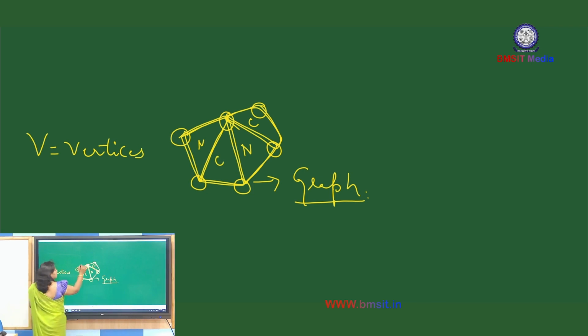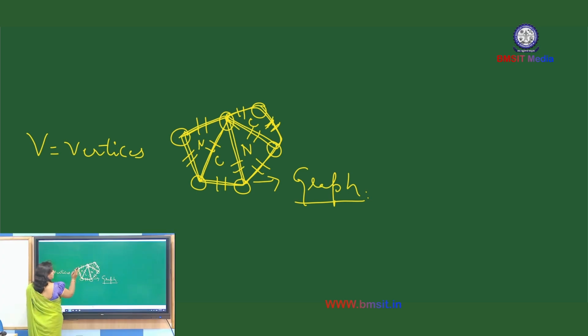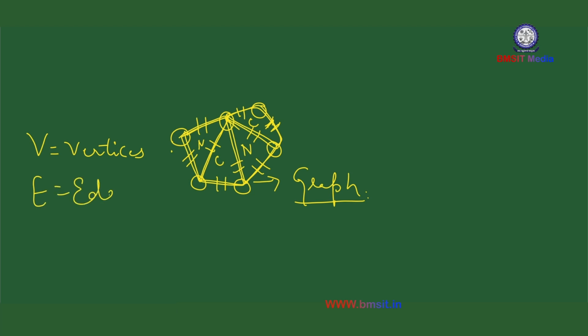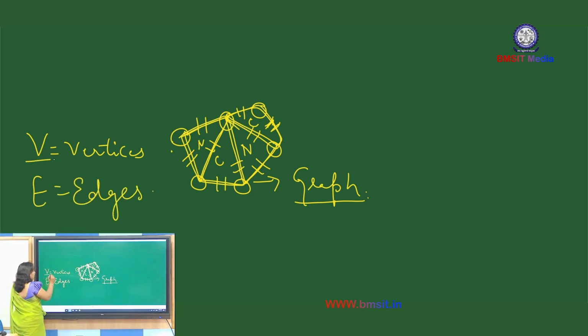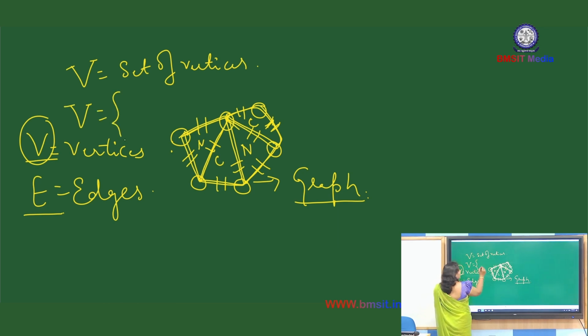And all the edges, what we are connecting from one vertex to another vertex, are called edges. The set of vertices is always denoted with capital V, where capital V represents n number of vertices in it.